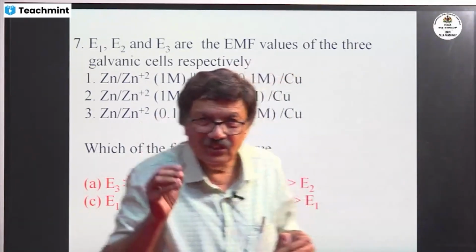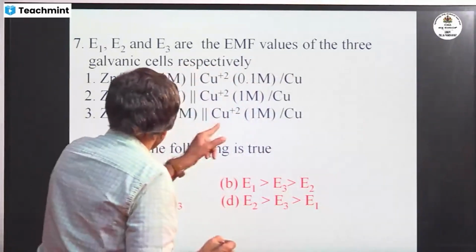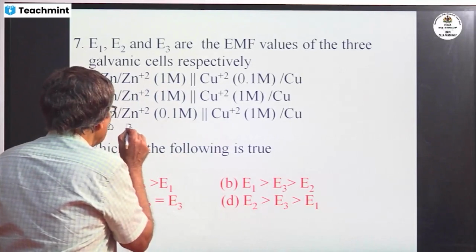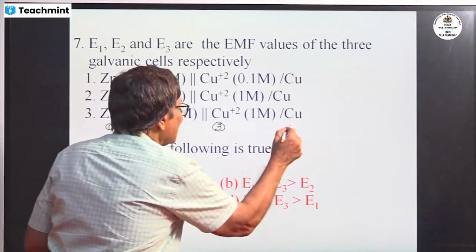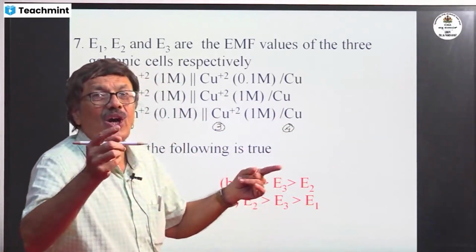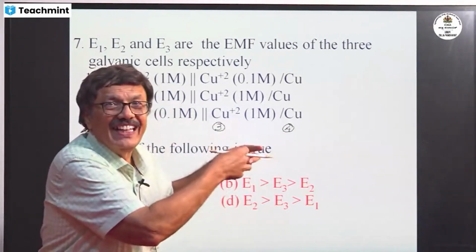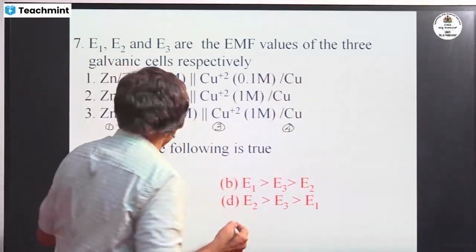I shall tell you one simple trick. You write the items as first, second, third, fourth. These are the four items involved. Leave the concentration. If you want to write the reaction, odd numbers first, 1, 3 on that side, even numbers 2, 4 on the other side.